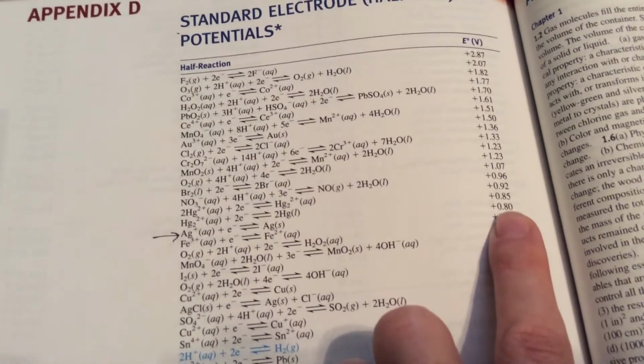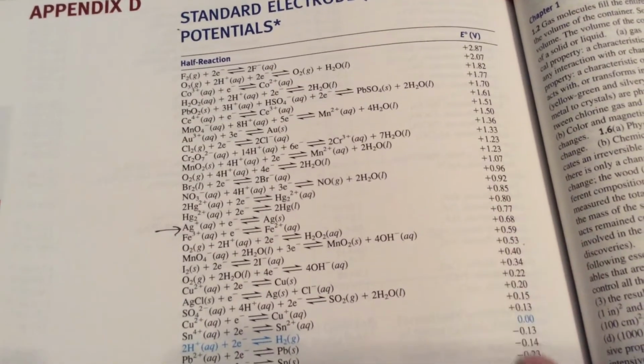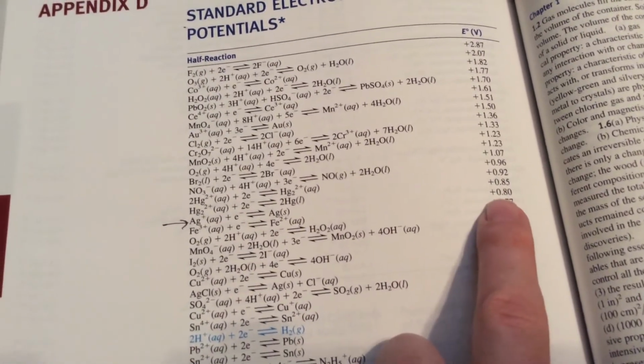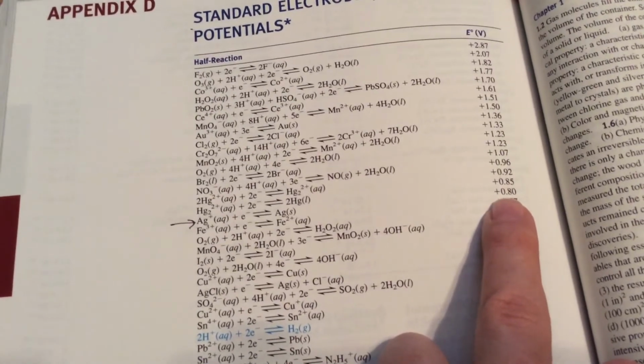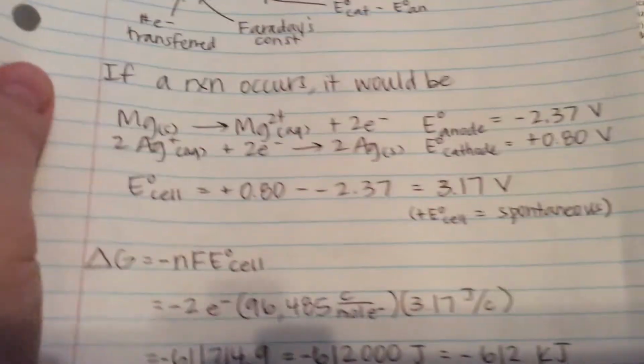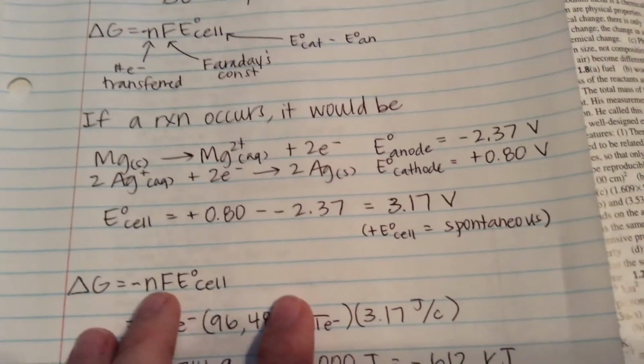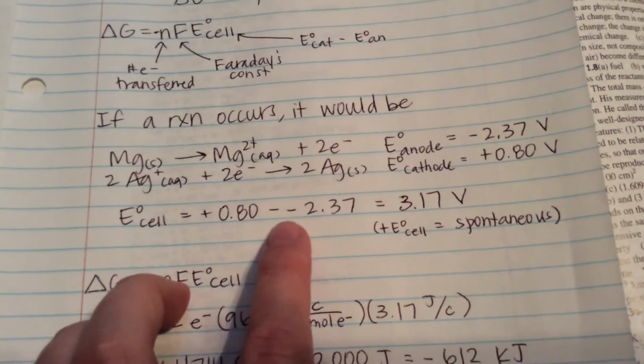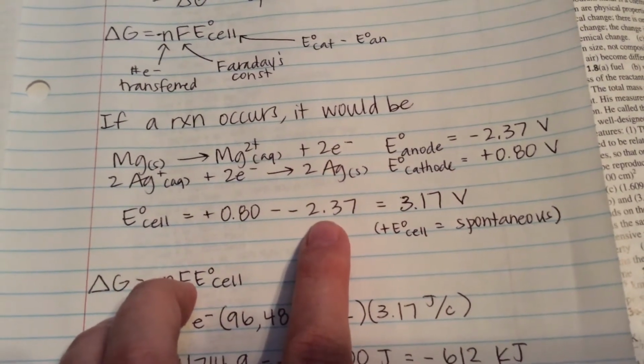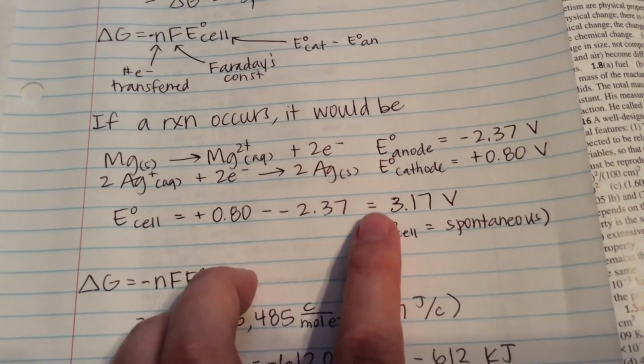Now your textbook might give different numbers of sig figs on these values, so don't freak out if yours says 0.79 instead of 0.8. It's just dependent on the number of sig figs that your textbook publisher decided to go with. So E cell is cathode minus anode, so 0.8 minus a negative 2.37. So that gives us a positive 3.17 volts.